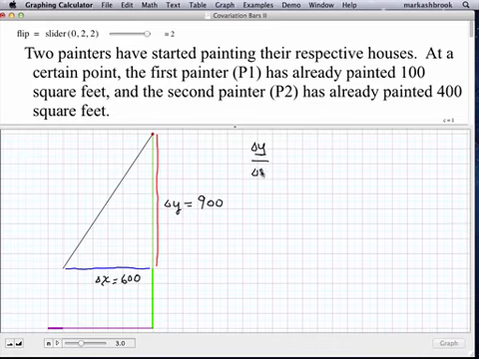Delta y over delta x, confirming it, is 900 over 600, 1.5. Okay, what if I go delta x of 100? What will delta y be? 150. What about delta x of 200?